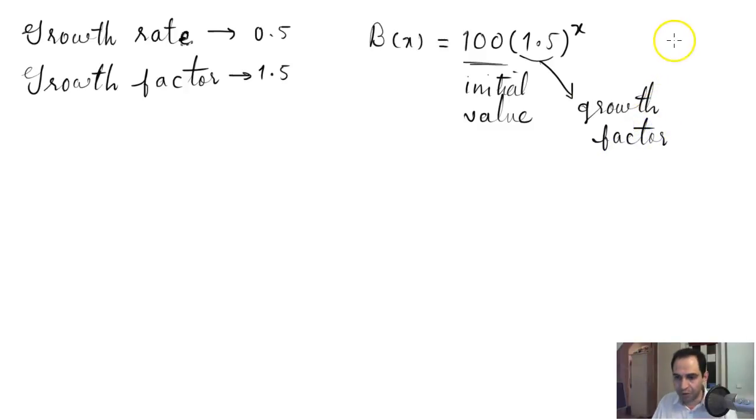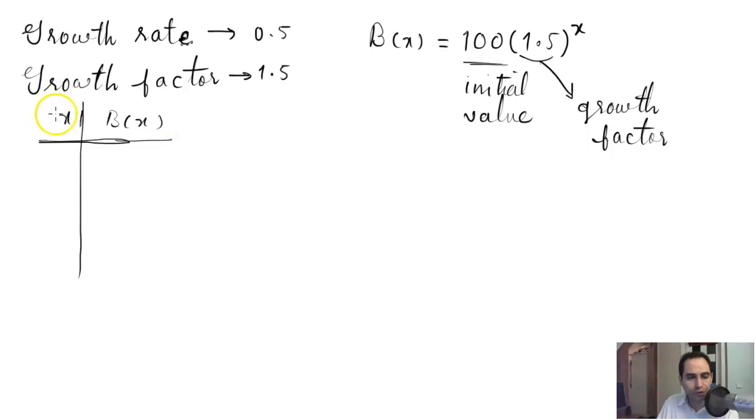Where they come from is that, for example, for this company, if you have a table, with x as the input of your function and b of x as the output, what happens is that when your x is equal to 0, anything raised to the 0th power is equal to 1.